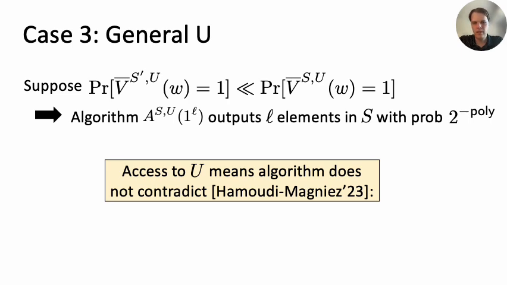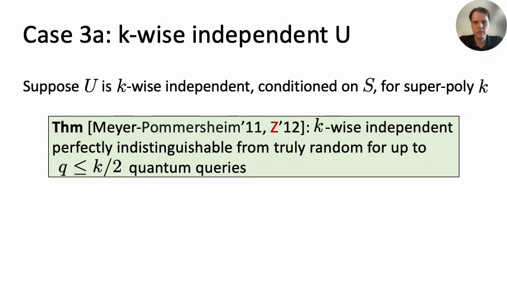So our goal is going to be to somehow show that even with access to U, such an algorithm is a contradiction. So let's first consider an easy case where U is k-wise independent for some super polynomial k.